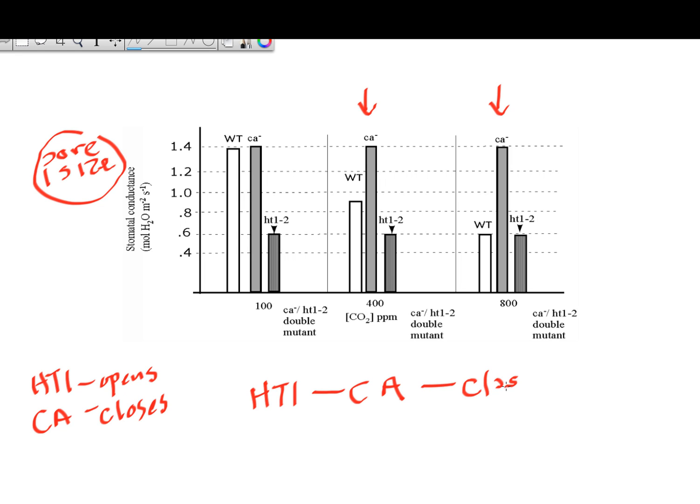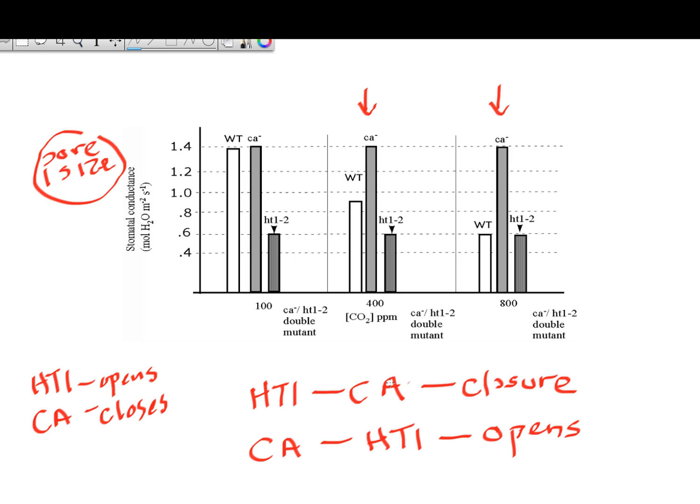That'll make it easier to figure out. Whereas if it's the other way around, we have to order it in this way. Ca comes before HT1, regulates HT1, and HT1 leads to opening or closing of stomata. But since we know it opens stomata, I'm going to write it like that. So these are the two possibilities.